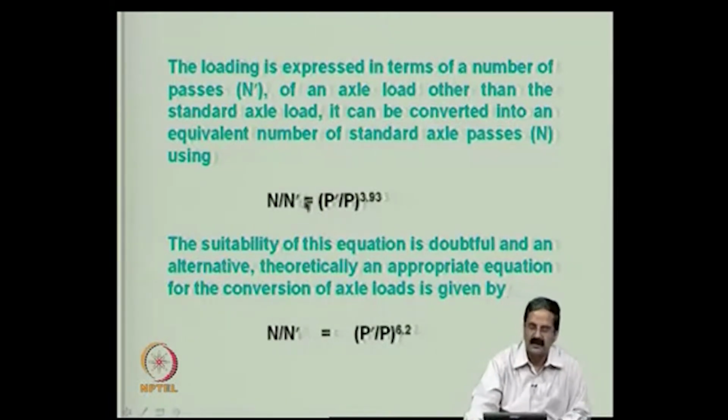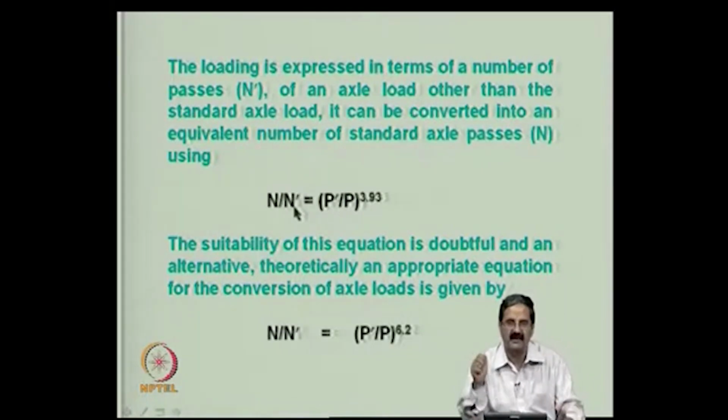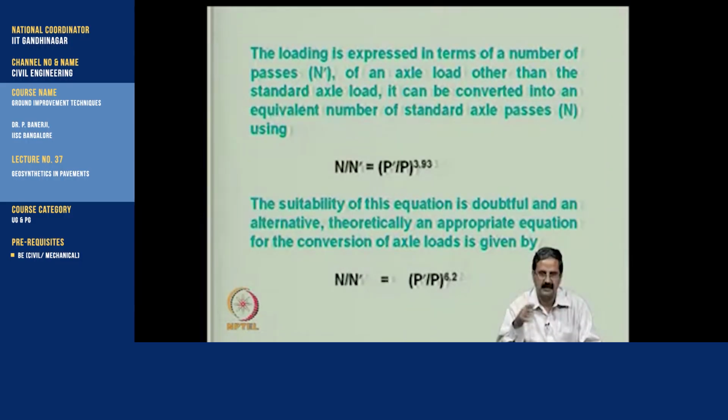So, for both these loads, 12 tons, we know the repetitions, how many, you do a survey, how many vehicles are there which are of non-standard specifications like axial load essentially, and you can convert non-standard ones to standard ones using this equation.